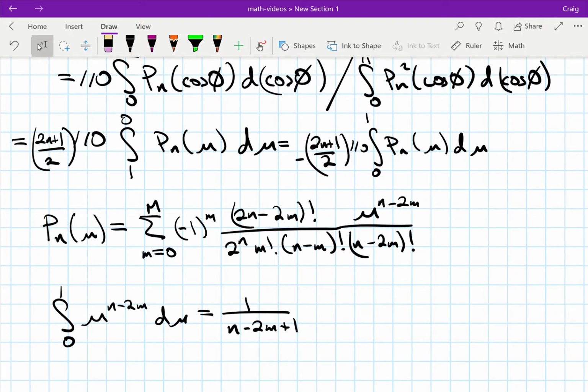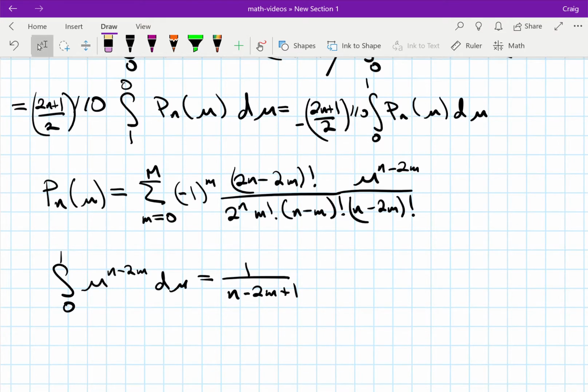And so since I've interchanged the order of integrating and summing, I can stick that expression into my series. And so it turns out that my coefficient, a sub n, is going to be 110 over 2. And then notice this 2 to the n I could bring outside.